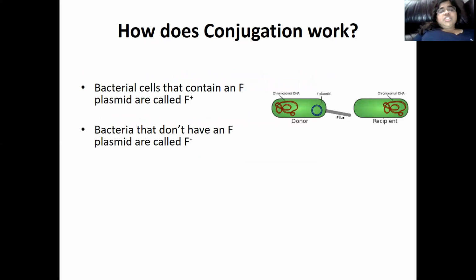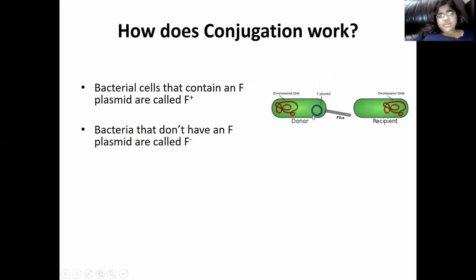So how does conjugation actually work? So if a cell has the F plasmid, it's called the F positive cell or donor cell.